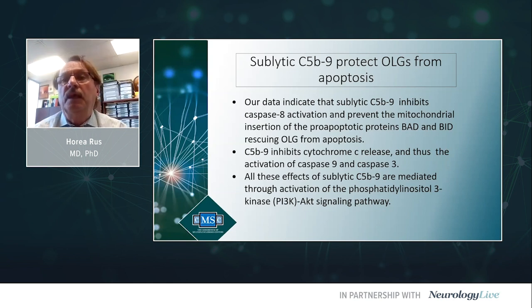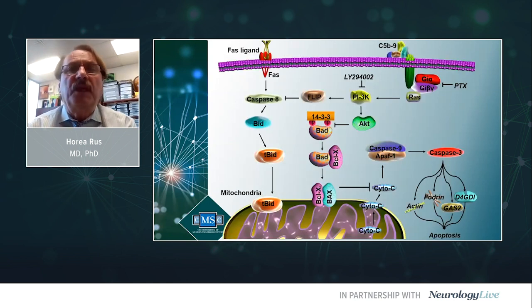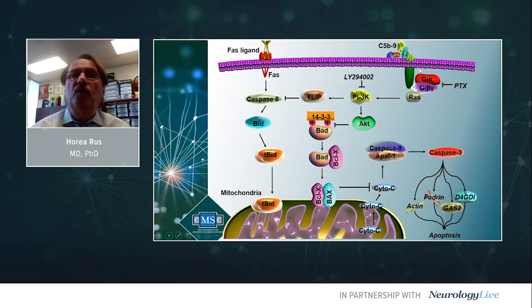And in the next slide, this drawing shows the mechanism of rescue by C5b29 of oligodendrocytes from apoptosis.